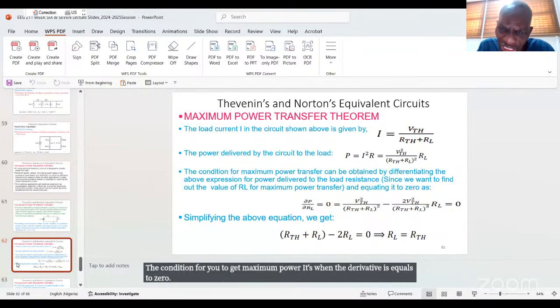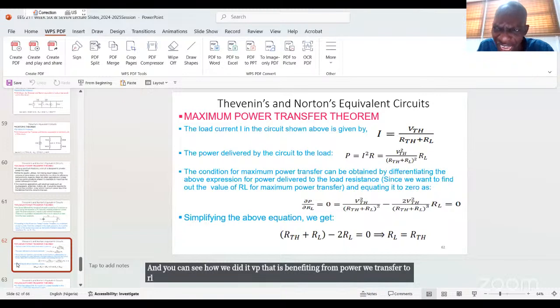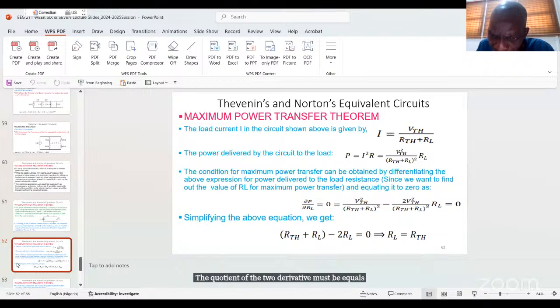And you can see how we did it. The derivative of power with respect to RL, over the derivative of RL, which is the load resistance, we said the quotient of the two derivatives must be equal to 0.